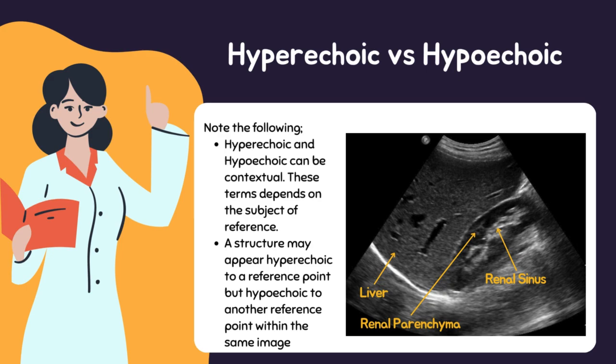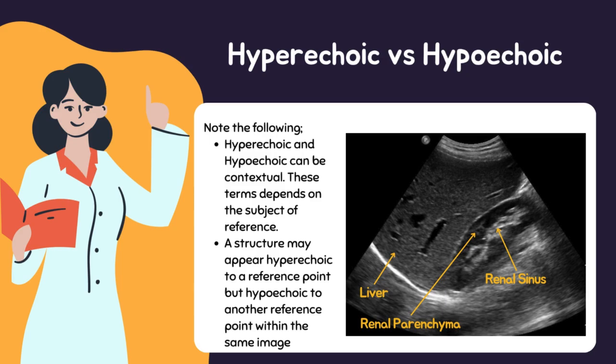Note that hyperechoic and hypoechoic can be used for the same structure in different contexts. These terms depend on the subject of reference in certain instances. A structure may appear hyperechoic to a reference point, but hypoechoic to another reference point within the same image.